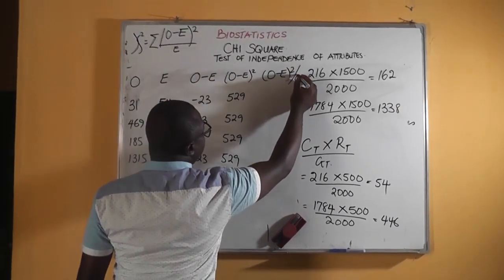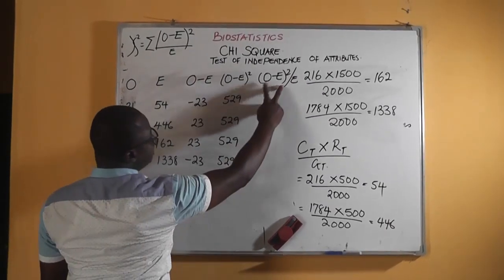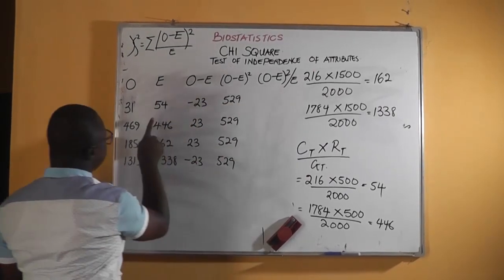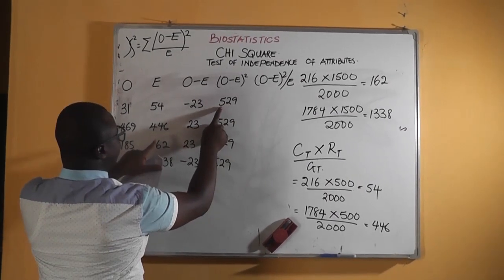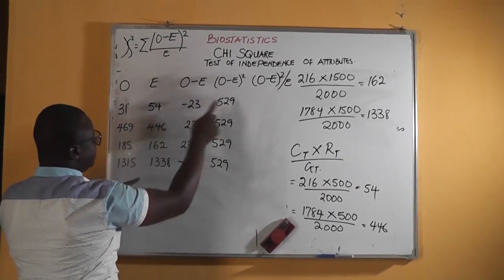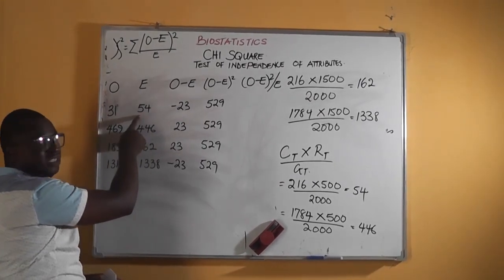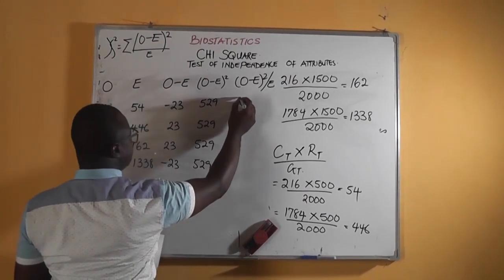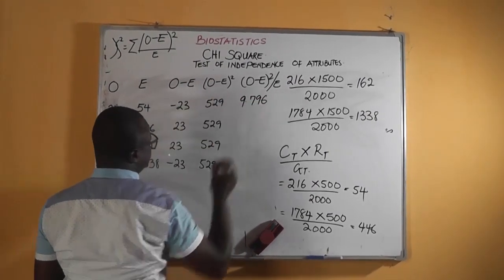It means O minus E squared is this value, then I'm going to divide it by E. This is my E. So for this place, 529 divided by 54 on your calculator will give you 9.796.